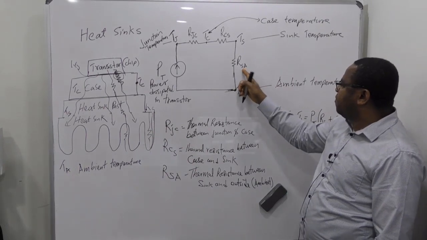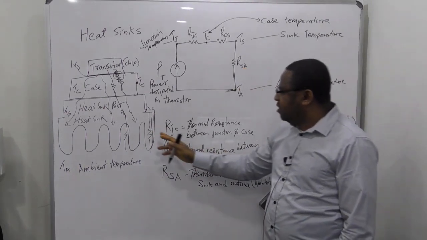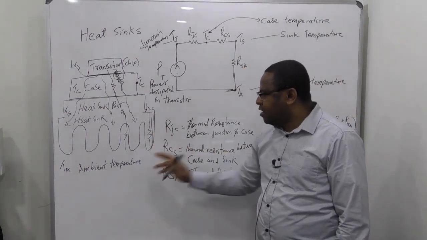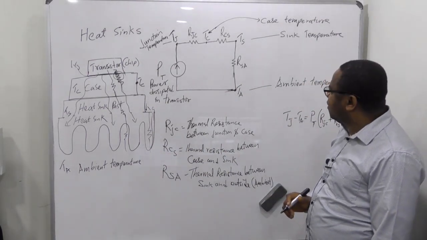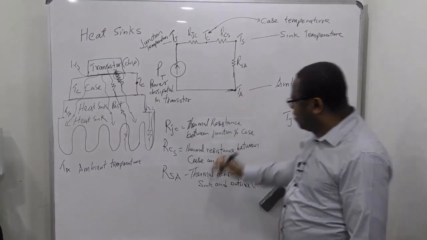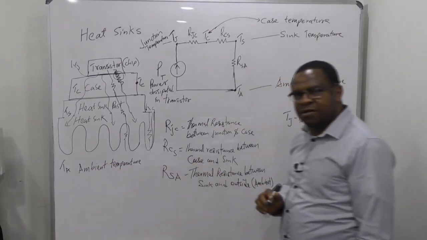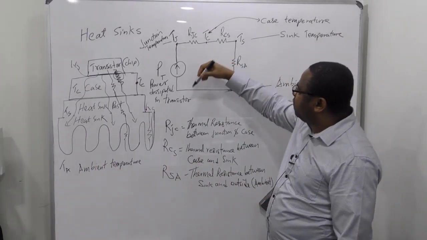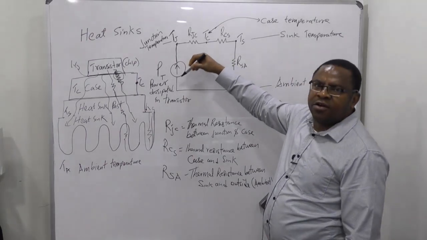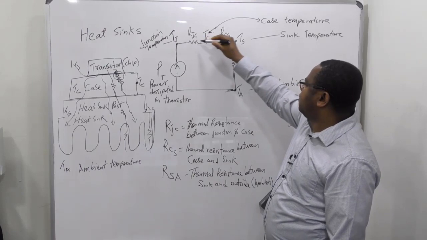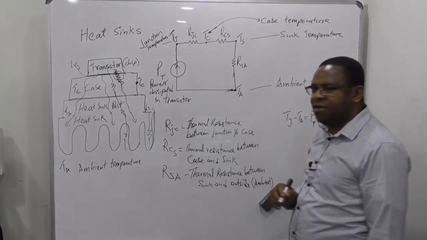And that is the resistance between the heat sink and the ambient, outside, the ambient temperature. All right? So now this is the temperature outside. So it means that heat has to flow from this point of high heat through this down to the ambient, to outside.